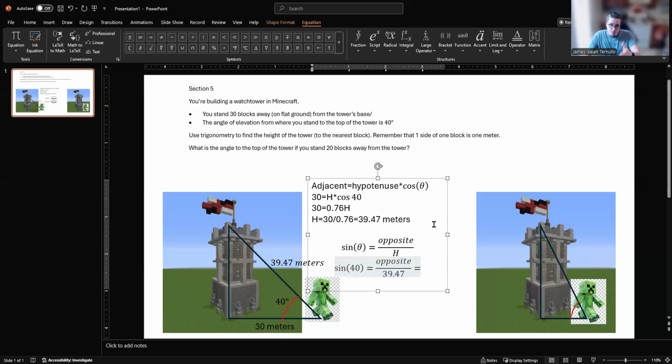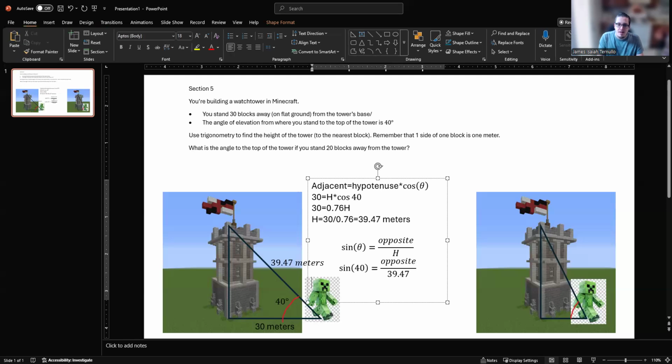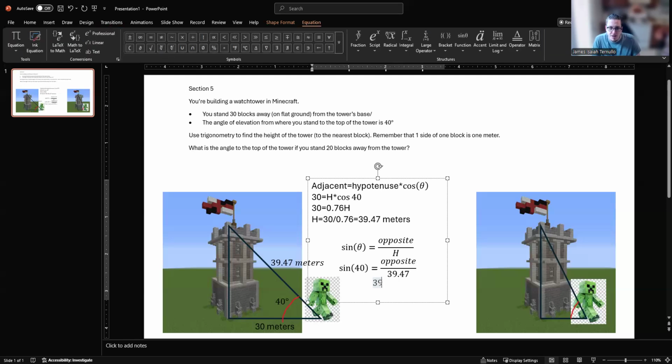And what we need to do to find the opposite is multiply both sides by 39.47. And that will give us the height of the tower.